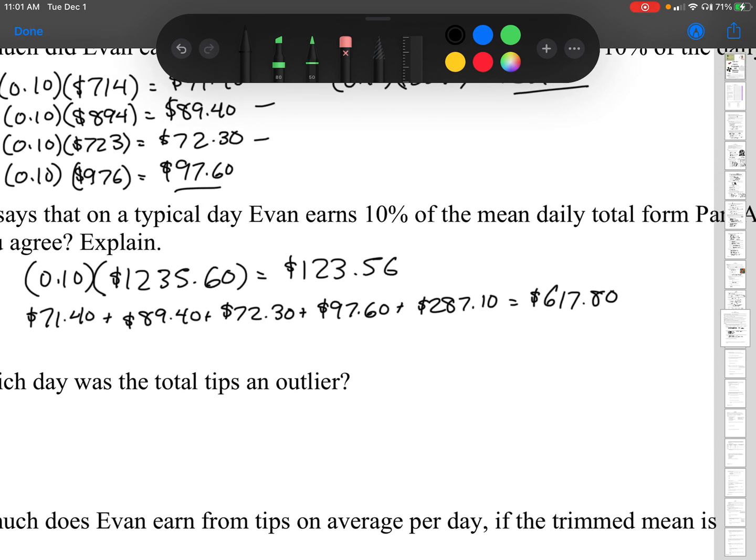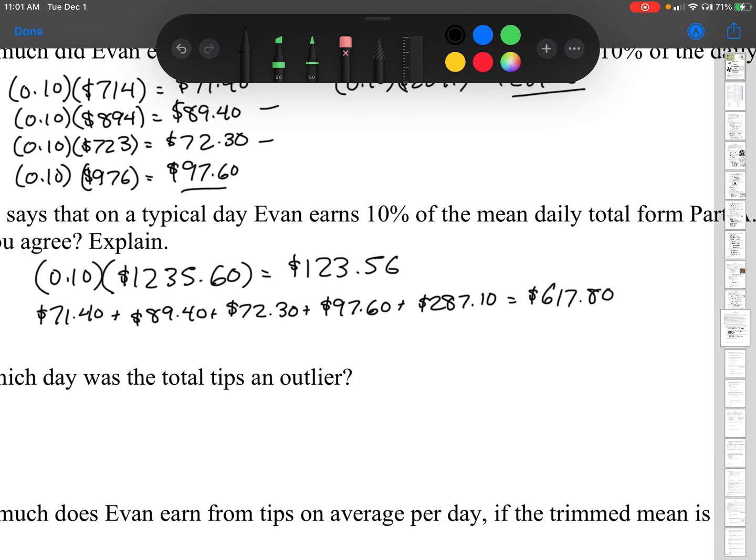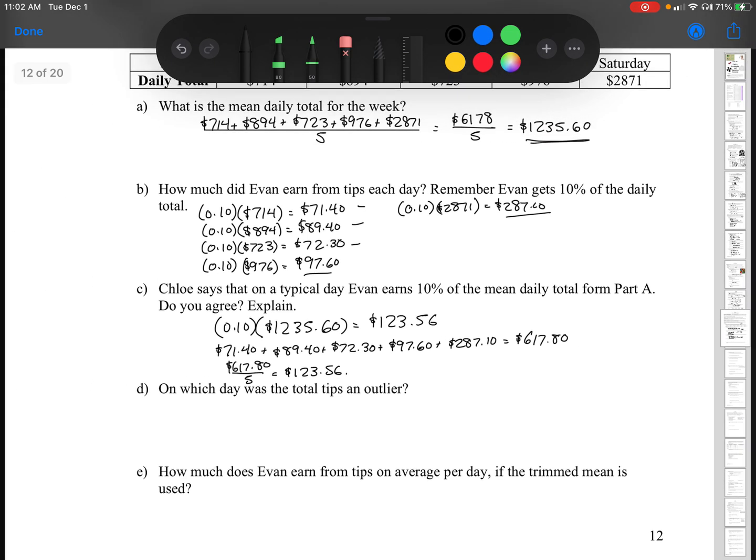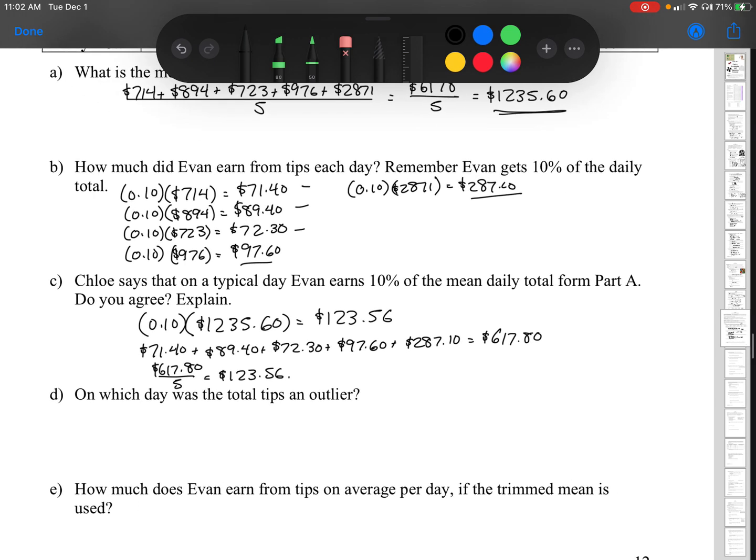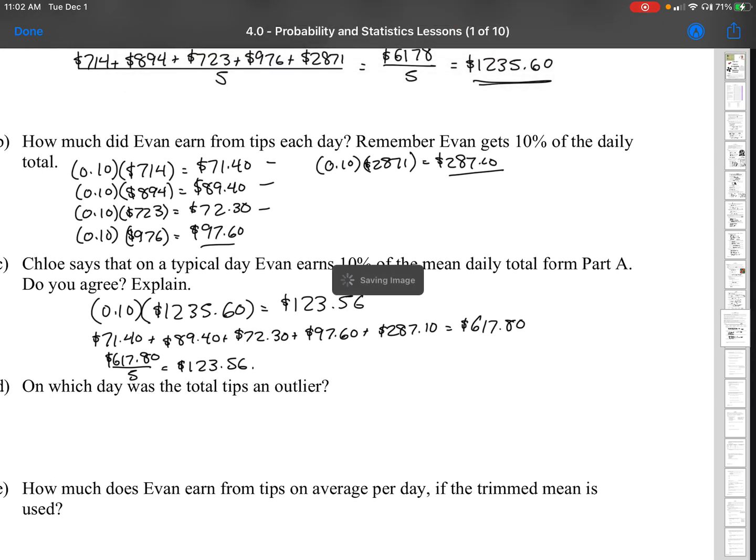And then same as before, 617.80 divided by 5 gives you 123.56, like so. Okay, so if you notice, 10% of the total is the same as the average of the 10%. So I would agree.